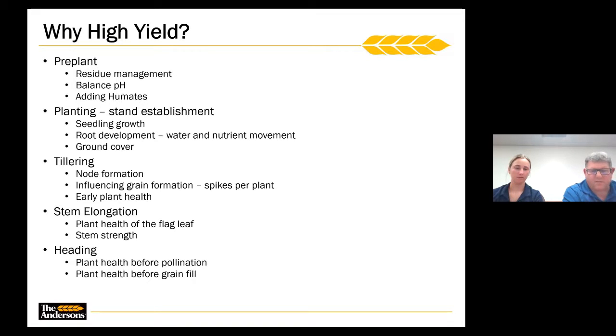This is the standability part, making sure we have a good healthy crop before we get to harvest. Then at heading, whether we're making a fungicide application or applying some slow release nitrogen, it's really about plant health before pollination and before we hit grain fill.